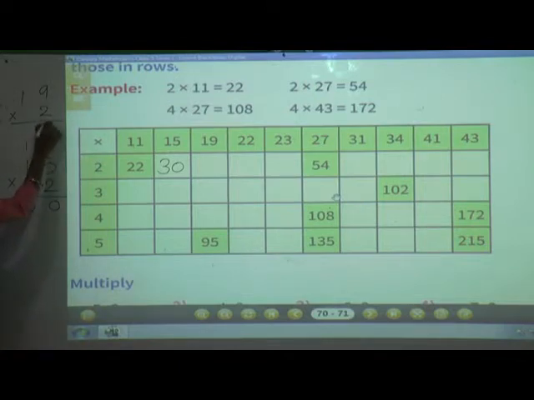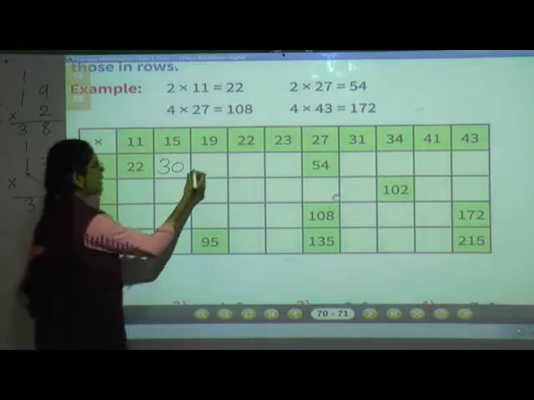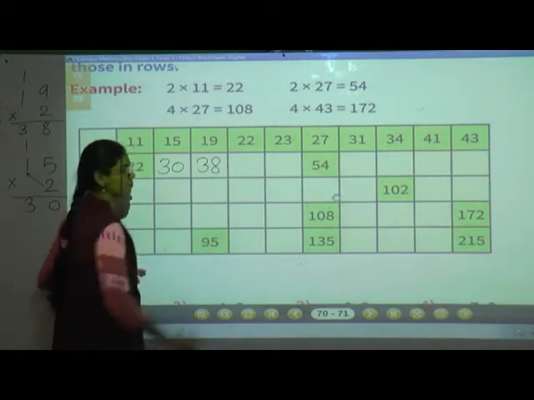So we will write 8 at the ones place and 1 will be given as a carry to the tens place, because 18 ones is equal to 1 ten and 8 ones. Now see this 2 into 1 ten. 2 ones are 2, plus 1 is 3. So we will write 3 at the tens place, meaning 19 into 2 is equal to what? 38. So we can write here 38.